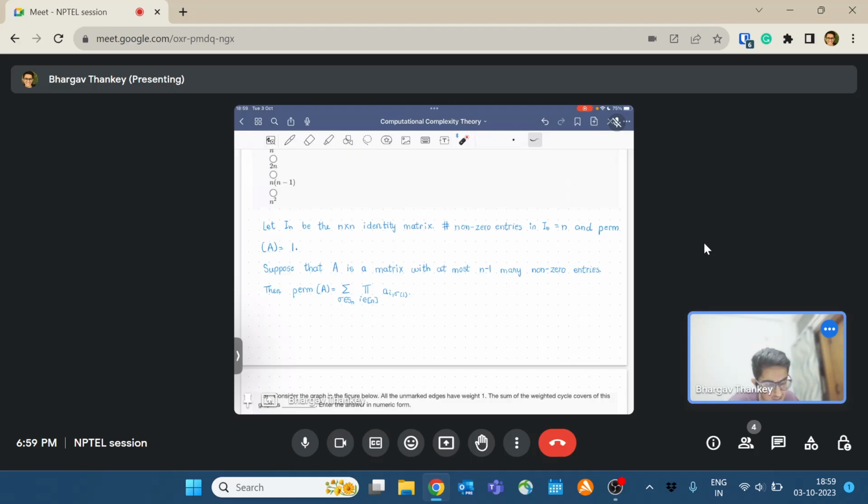There are n entries over here, but since A has at most n minus 1 non-zero entries, at least one of these must be 0 for every sigma, right?